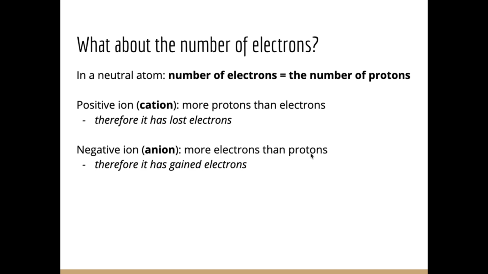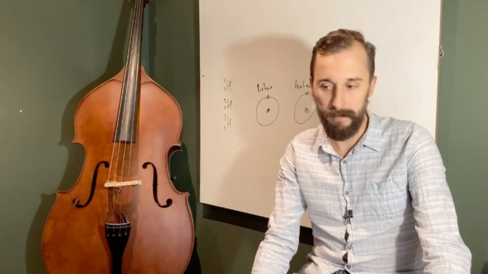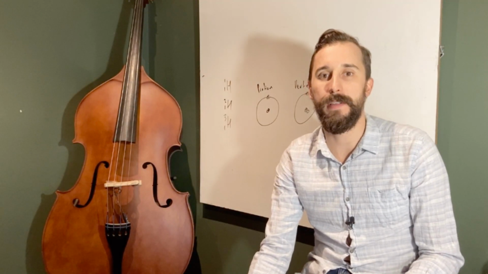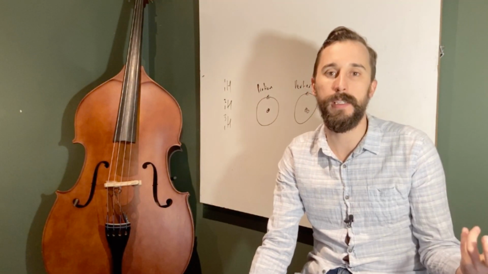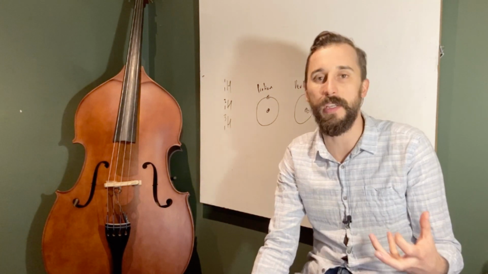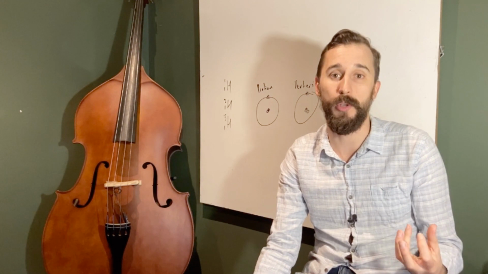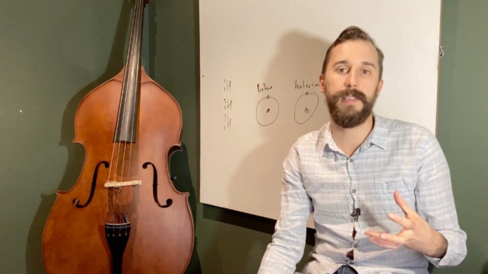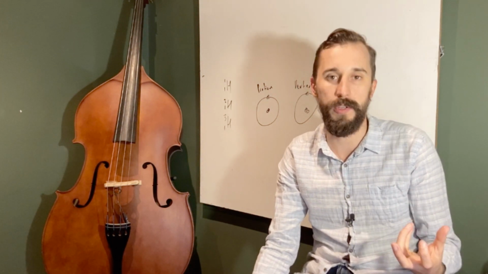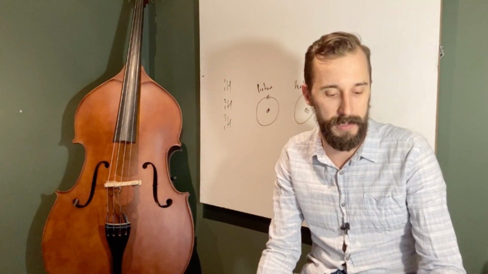So it's got more negative charge than positive charge. Therefore, it has gained electrons. Now we talk about ions relative to gaining or losing electrons because we just said 2 minutes ago that the number of protons has to be consistent. Otherwise, if you change the number of protons, you've changed the element. So the ions are formed not by gaining or losing protons, but by gaining or losing the electrons.